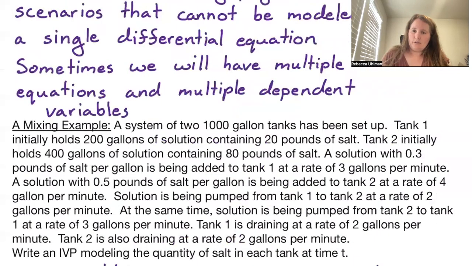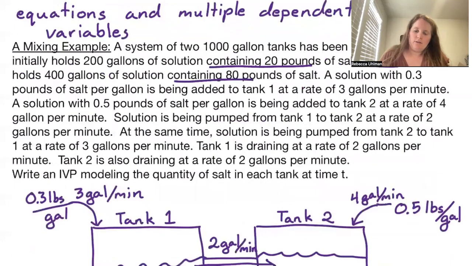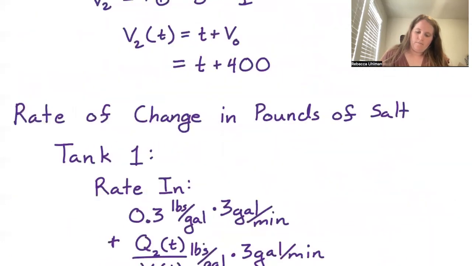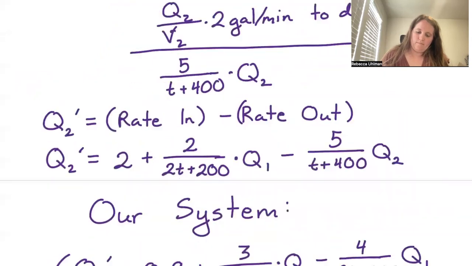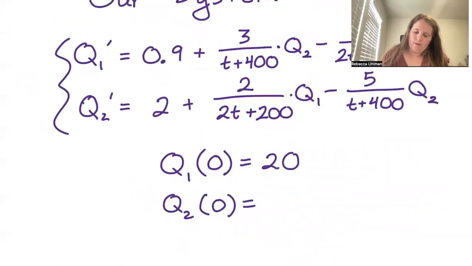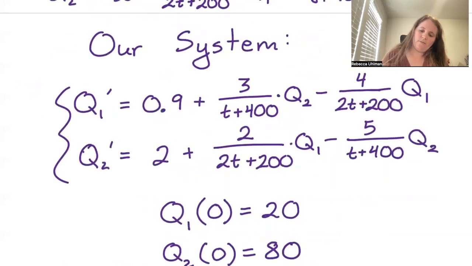So we had initially, tank 1 initially contained 20 pounds. Tank 2 initially contained 80 pounds. So we have Q2 of 0 is 80. So this is our system and IVP.